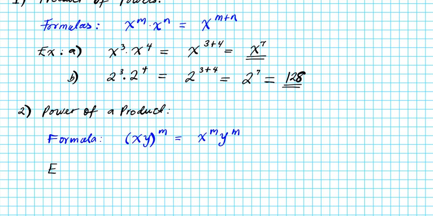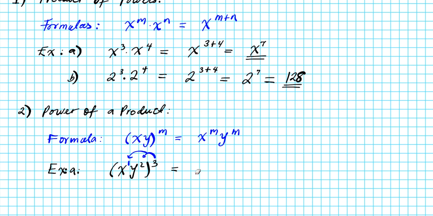Now let's consider some examples. The first one will be algebraic. Example A. Let's say you have x y squared raised to the third power. Now according to the power of a product property, we're simply going to distribute this 3 to both powers. X doesn't have a power, so it's 1, so we're just going to distribute it.